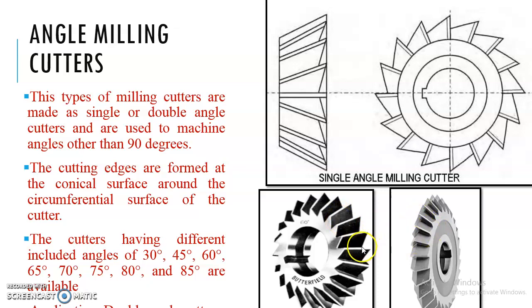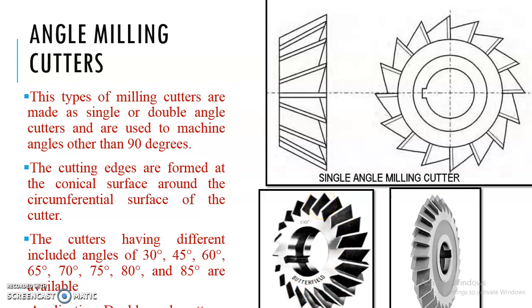That's why the first picture is called a single angle milling cutter, and the second picture is called a double angle milling cutter. These cutting edges are formed on a conical surface around the circumference. Here you can observe the double angle provided around its circumference, and here a single angle, generally a 60-degree angle.